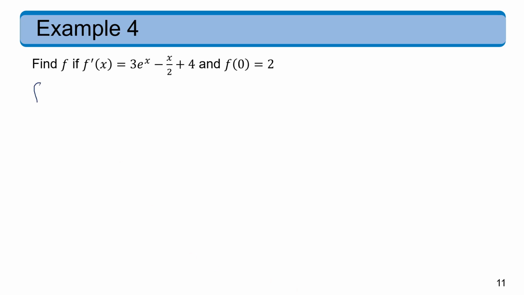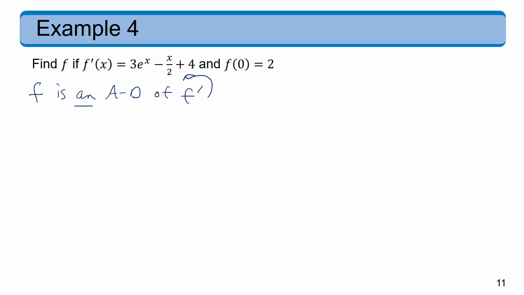So the first thing we observe is little f is an antiderivative of f prime, which is this formula here. Notice I said an antiderivative. We've seen that if there's one antiderivative, there's always an infinite number more by adding plus c.